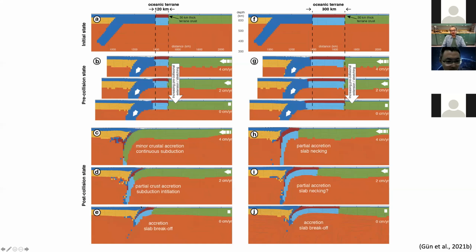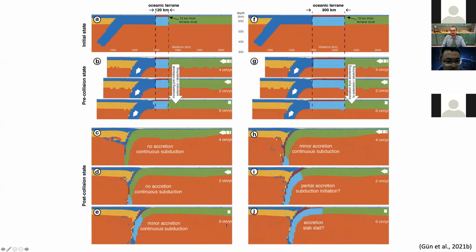But compared to previous ones, where we were seeing a much clearer continuous subduction process, here, not so well. And when we decrease the impulse velocity to 0 centimeter per year, we see this complete break-off, which was not happening in the first cases.